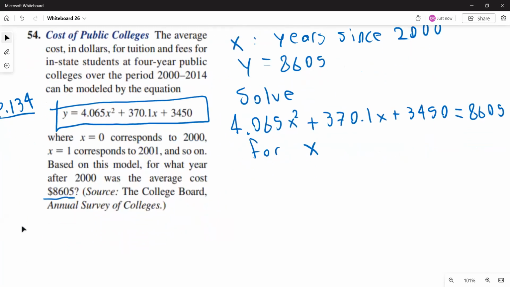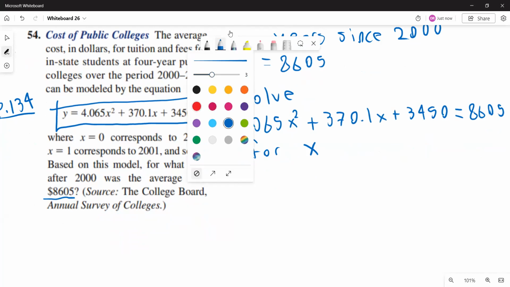That one I will not be able to factor. Let's first subtract 8,605 from 3,450.